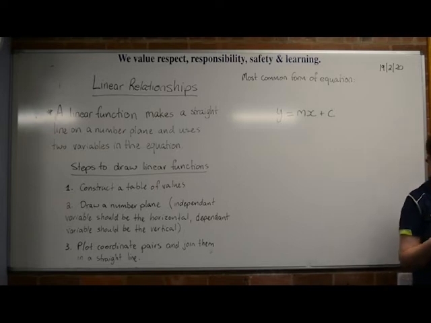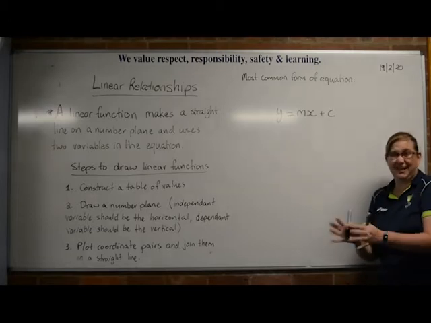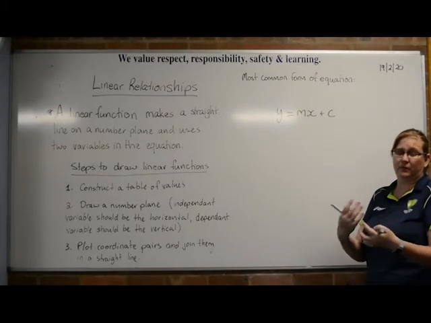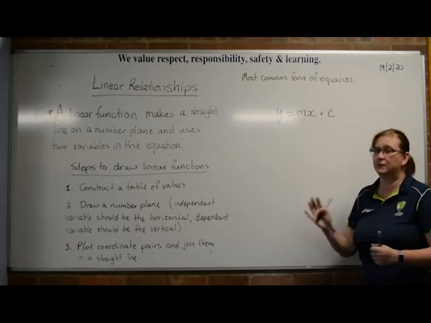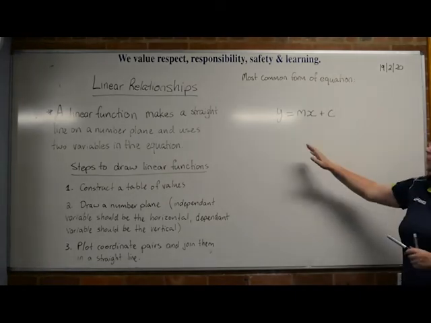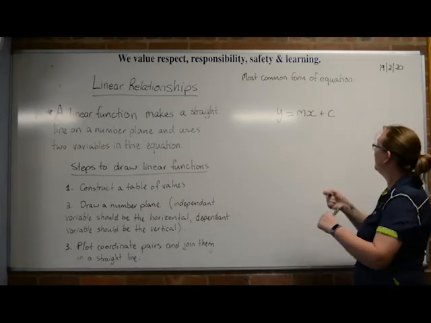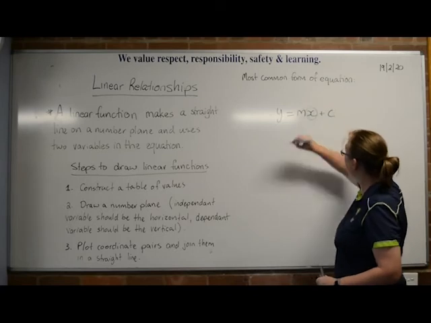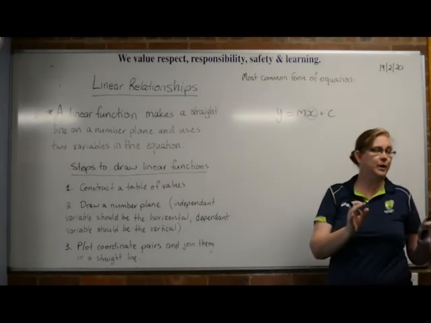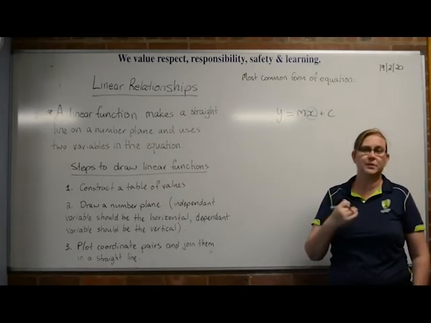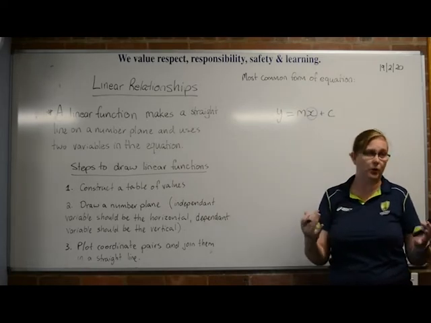Y equals mx plus c. I'm hoping that you've all seen this before. Whether or not you've worked with it very much is another question, but you've definitely seen it before. The x is our independent variable. That's the one that we manipulate to find coordinate pairs.